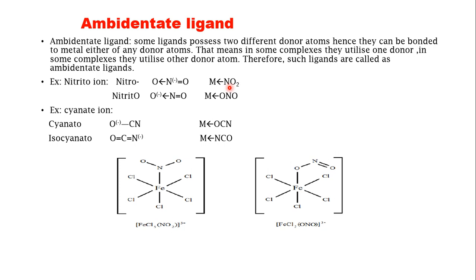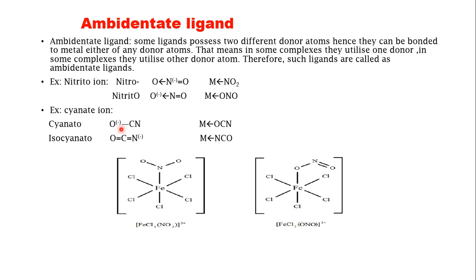The metal can be bonded with nitrogen or it can be bonded via oxygen. So it possesses two donor atoms, one is the nitrogen and the other one is oxygen. Even in the case of cyanide, CN minus, you have two possibilities.